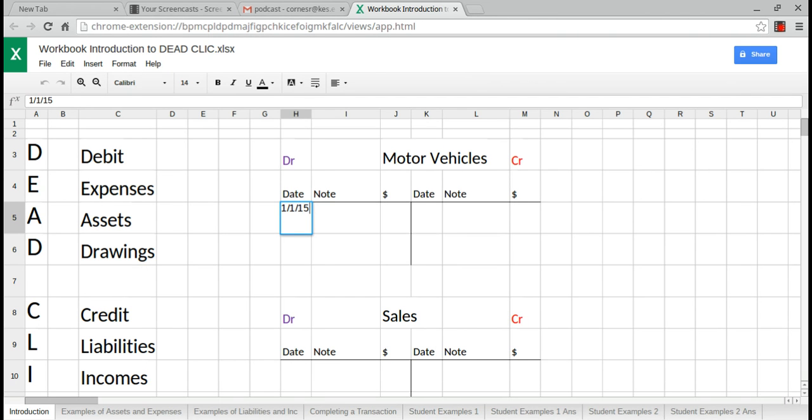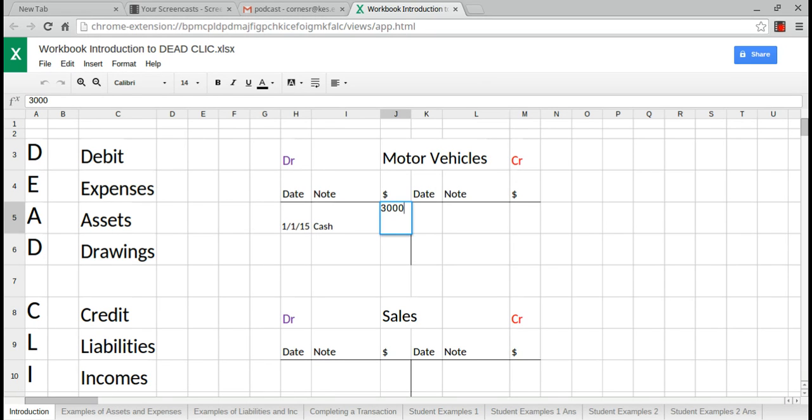In an exam or a question, you'll be told the date. The note is normally the opposite account where the opposite entry occurs. Because we're buying a motor vehicle using cash of $3,000, the opposite entry will appear in an account called cash. Then we put the $3,000 in the third column.